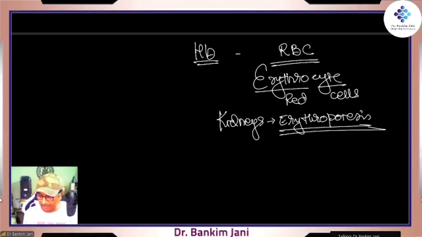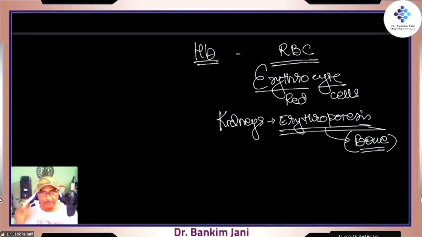And this erythropoiesis, that means the RBC production, affects the bones, because our entire factory is the bone marrow. So the erythropoiesis, or red blood cell production, is in the bones.